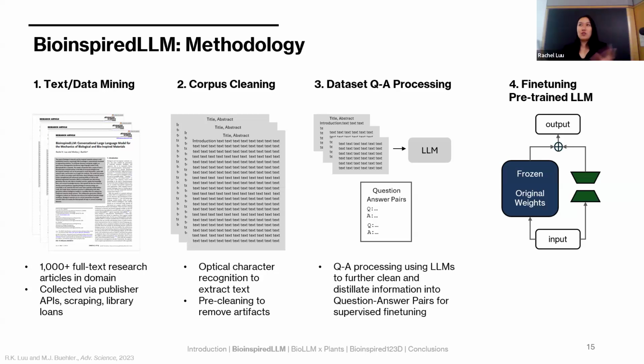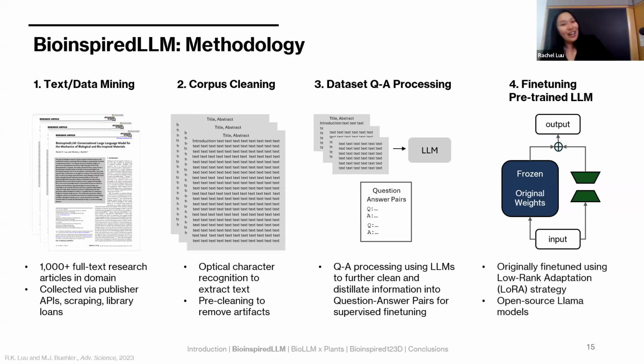We found that after step two, the text we were extracting was still very messy. It was not well suited to be conversational for an LLM. So in step three, we introduced Q&A processing, where we use an off-the-shelf LLM to help us further process and distill the information into question and answer pairs, which also sets up the data well for supervised fine-tuning on an LLM.